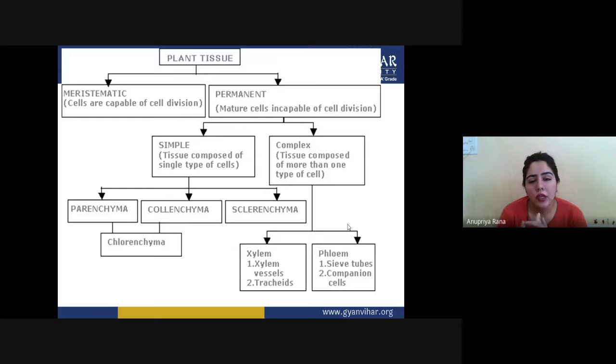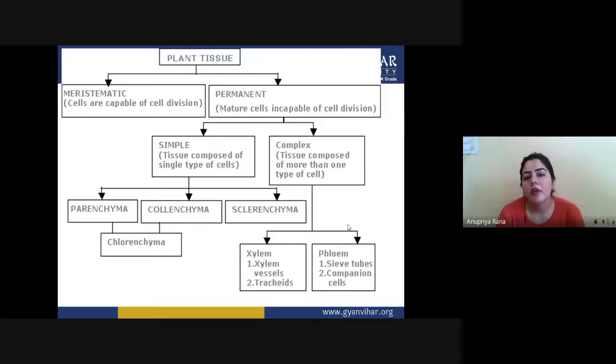So you cannot say that epidermal tissue or simple tissue has less function to perform. They are important to the cell, but their function is a little similar to each other, like parenchyma, collenchyma, sclerenchyma. They all have almost similar kinds of function to perform in the plant body. Their shape and size do not vary that much, as we will see in the complex tissue.